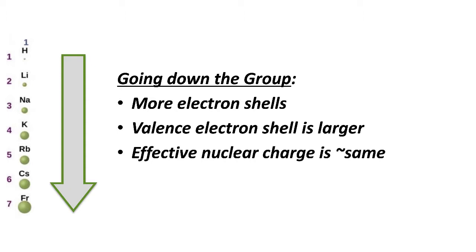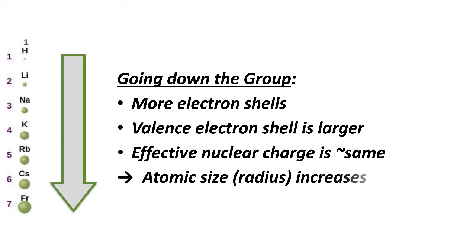The effective nuclear charge is about the same because even though the nuclear charge increases as we go down the column, we have also an increased shielding effect, and they basically cancel each other out. And therefore the atomic size, and here we're using radius as our measure, increases as we go down the column.